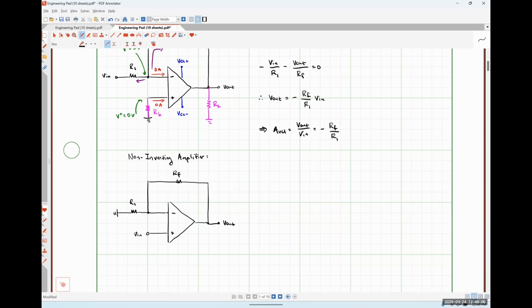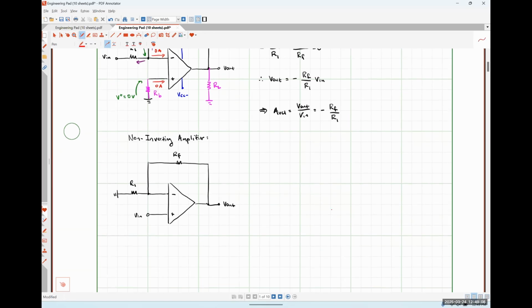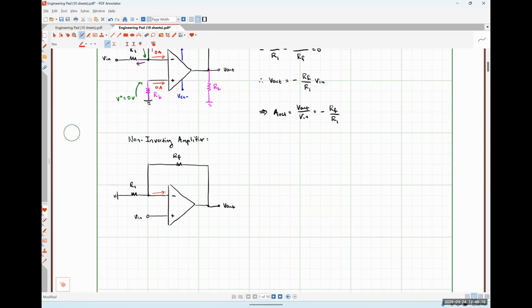Okay, so applying our ideal op amp rules, once again, we're going to have 0 amps flowing here and here. We can see very easily that the voltage present at our non-inverting input terminal is just Vn, which means the voltage present at our inverting input terminal is also going to be Vn.